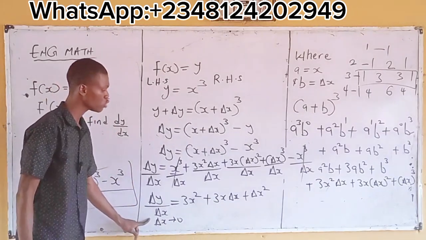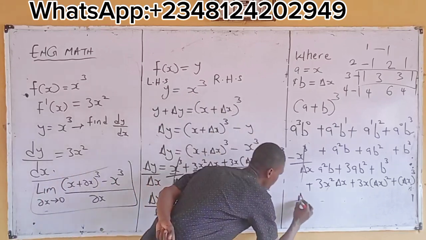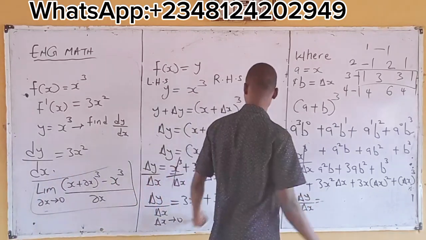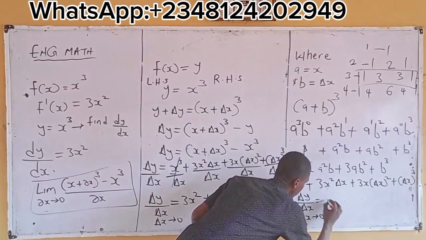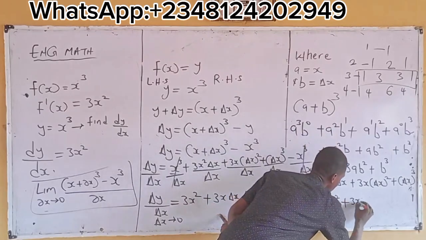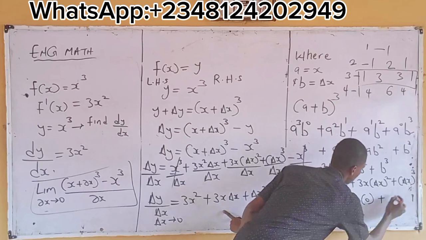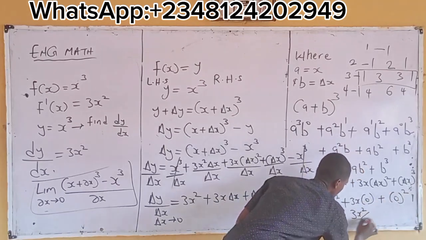0. Substitute 0. Now, meaning I have change in y all over change in x is equal to what? Now, let's do that. That becomes 3x squared plus 3x all into bracket 0 plus 0 squared, which is equal to what? 3x squared.